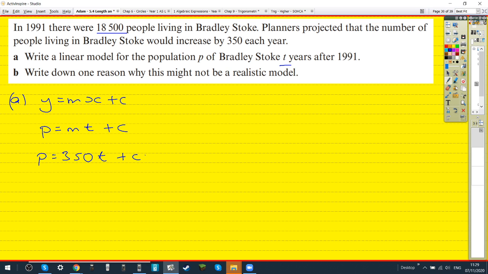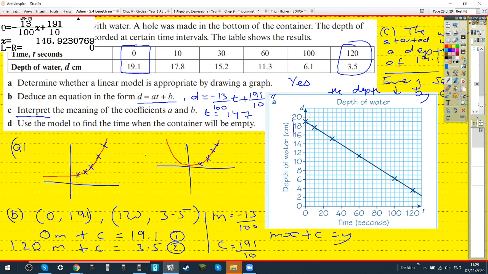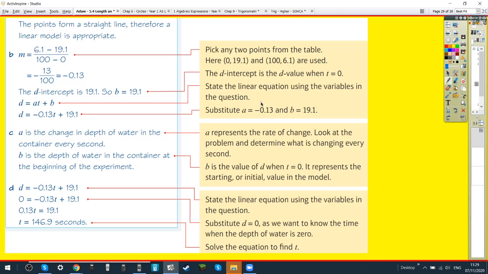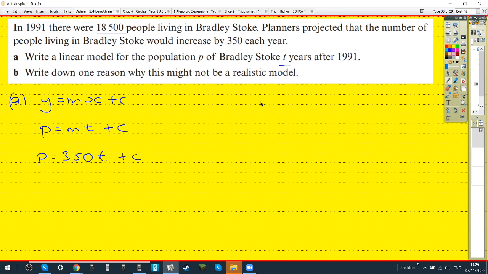And if we go back to this one, the gradient was what it changes by for every change in time. The 19.1 was the initial value, and that was the plus C. So is the initial value 18,500?